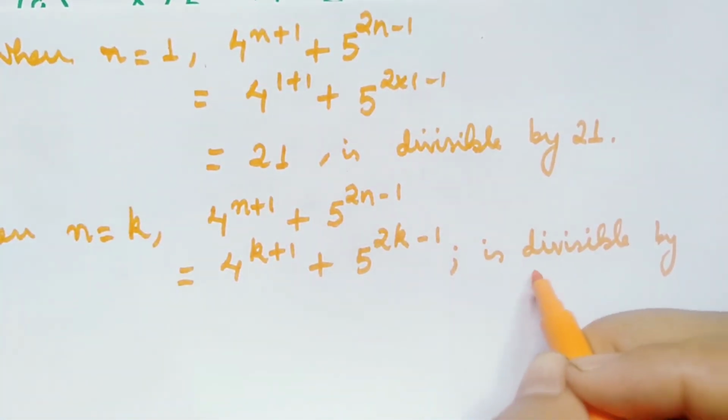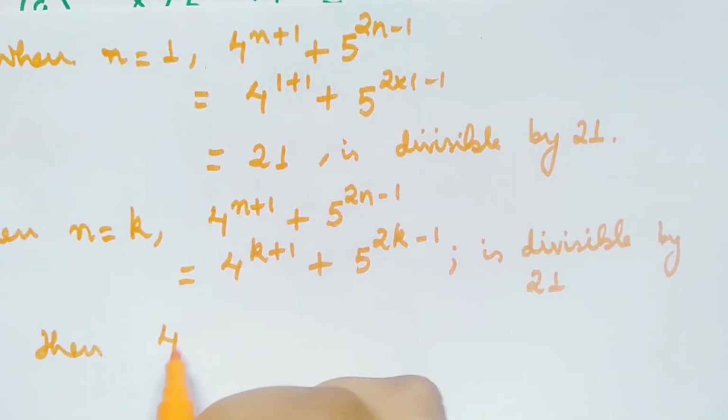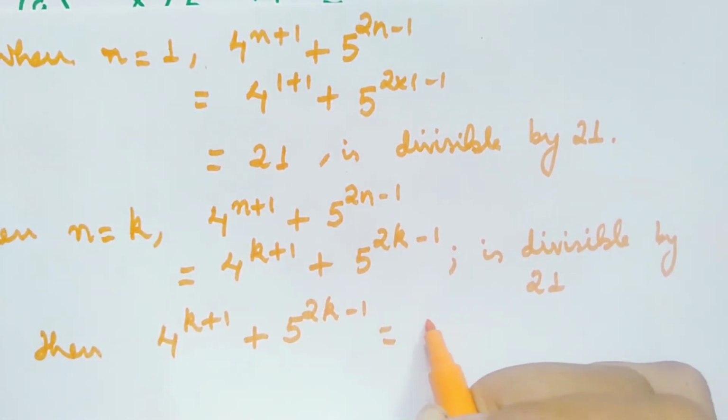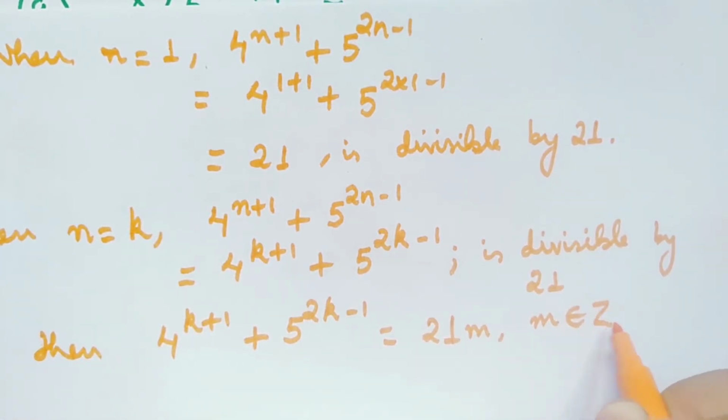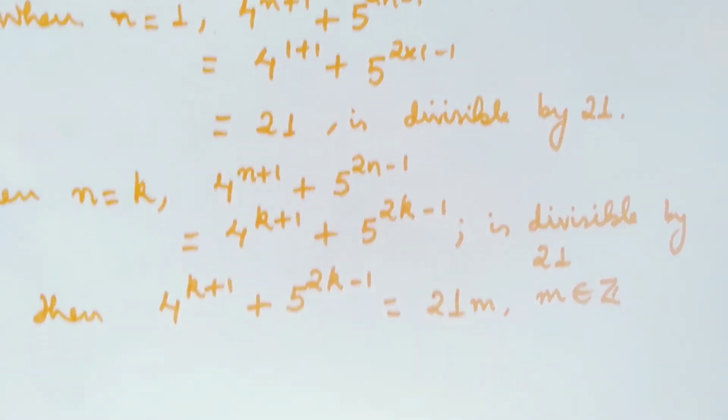If it is divisible by 21, then what can we write? 4 to the power k plus 1 plus 5 to the power 2k minus 1 can be written as 21m, where m is an integer. It can be written as a multiple of 21.